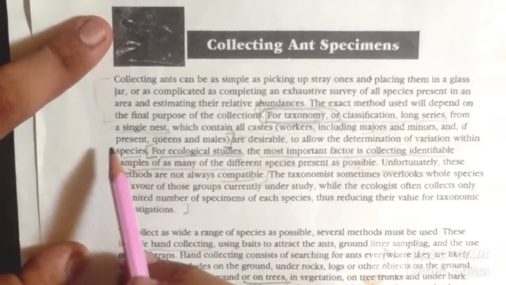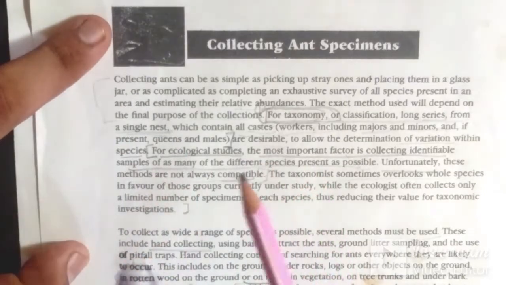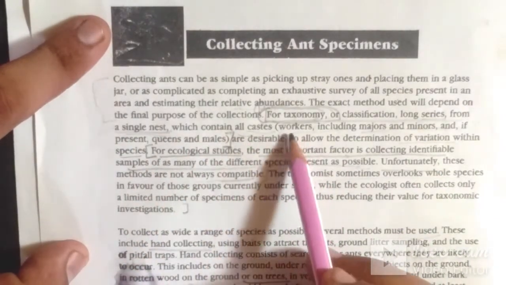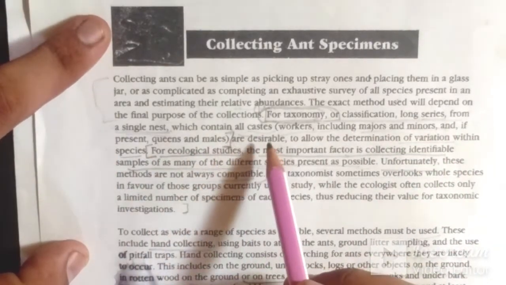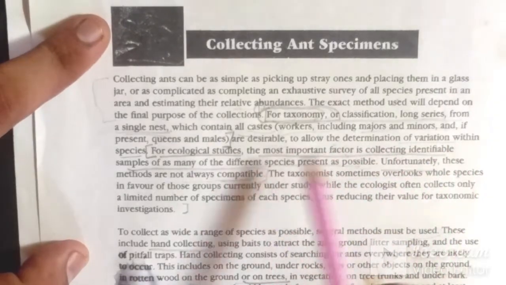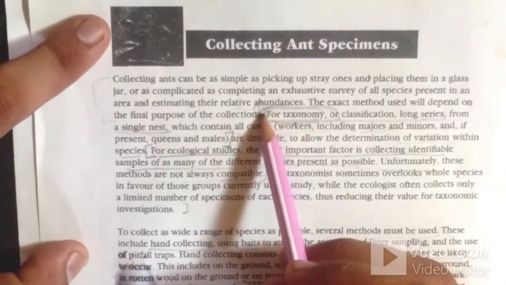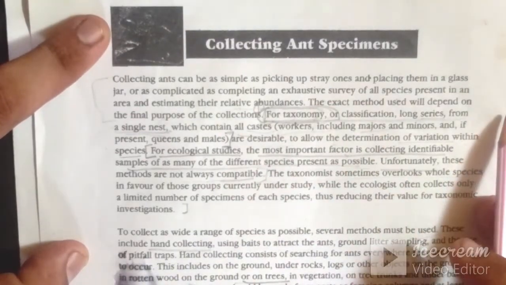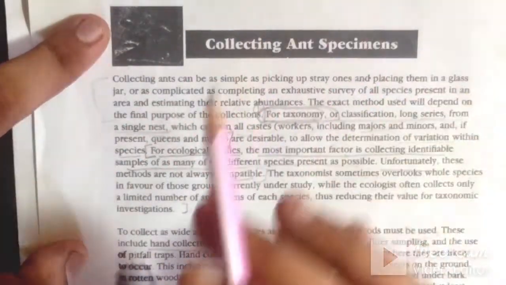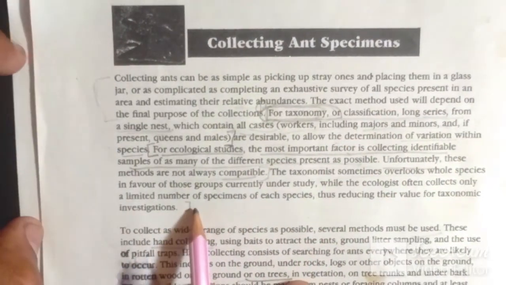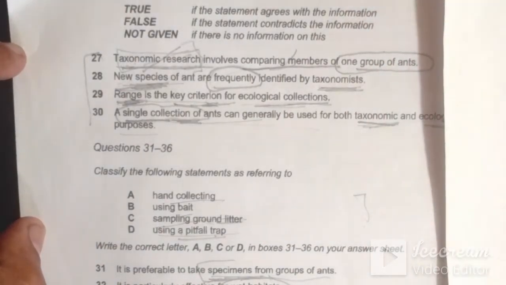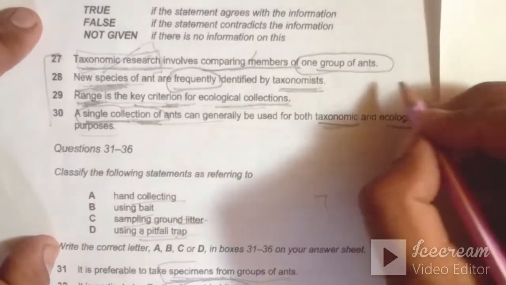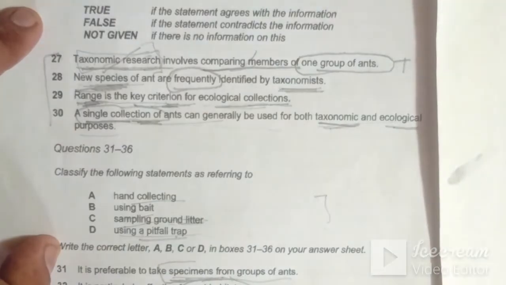A long series from a single nest, which contains all the castes, workers including majors and minors, and present in the queen's males, are desirable to allow determination of variation. Simple, isn't it? They are saying there was a series with many ants, and their castes are being compared. Pay attention. So comparing all the ants from one group, and it is going to be true for you guys. So it is true.